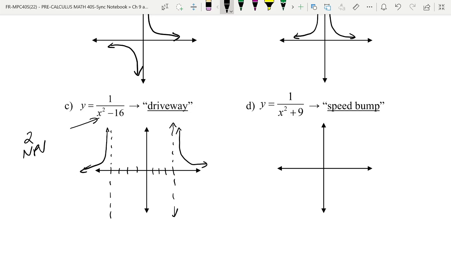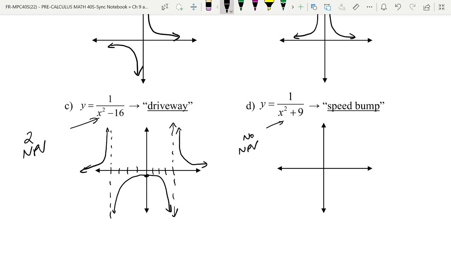We've seen that in yesterday's. Something like that.